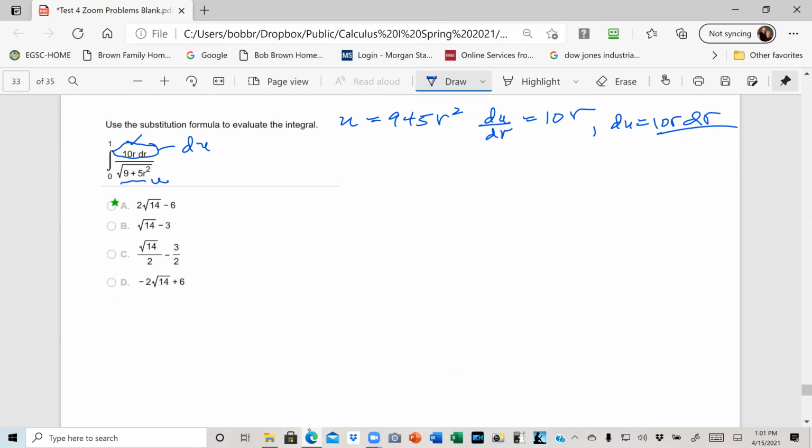So this integral from 0 to 1, 10r dr over the square root of 9 plus 5r squared is going to equal an integral. We're going to get the upper and lower in a second.